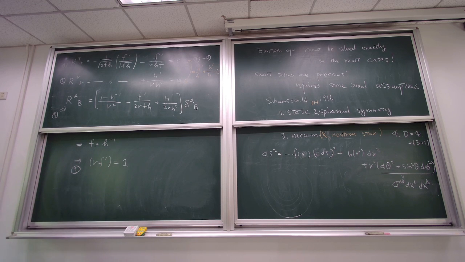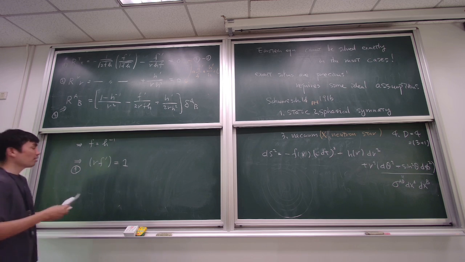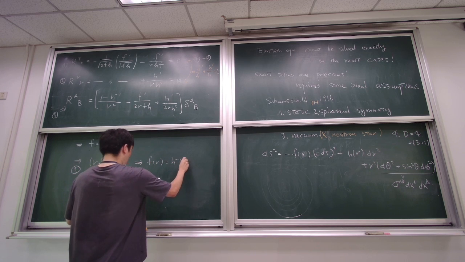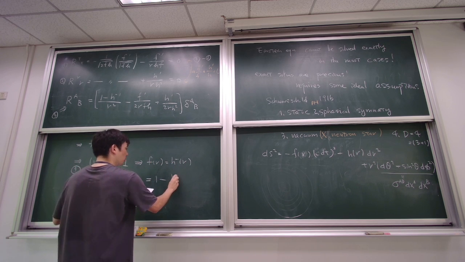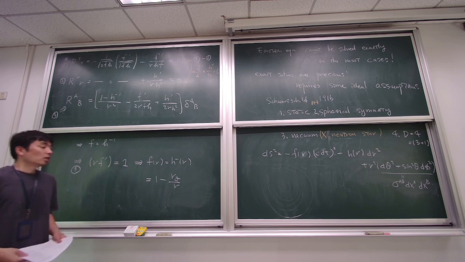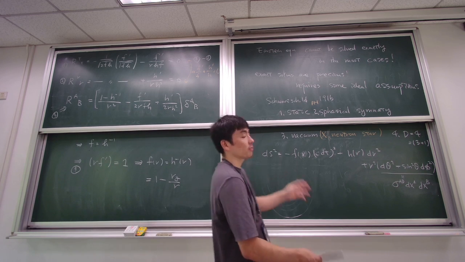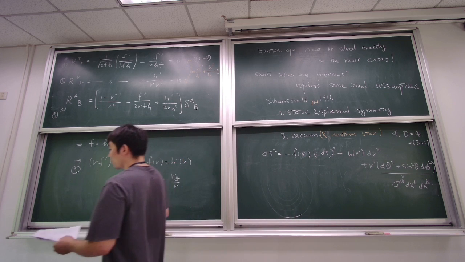So if you plug this one into here, you get this equation, which you can solve using the Mathematica I gave you. That's super easy. Therefore, from here, you get f of r is equal to h inverse of r, which is 1 minus Rg over r. This is the immediate consequence of static spherical symmetry and the vacuum equation.